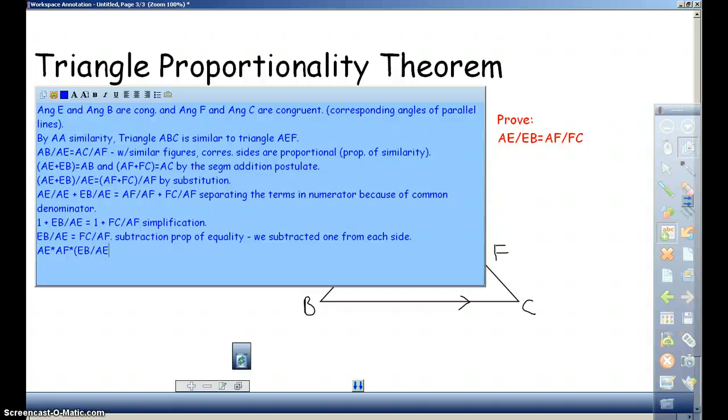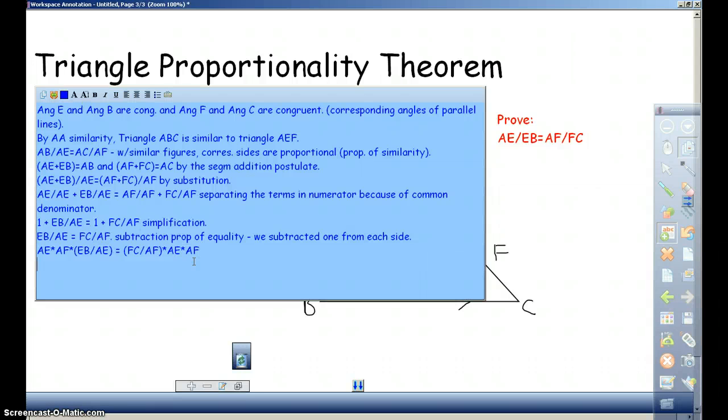EB over AE. So we have multiplied this side by AE and AF, and we have FC over AF, let's put that in parentheses. This side has to be multiplied by the same thing, so times AE times AF.